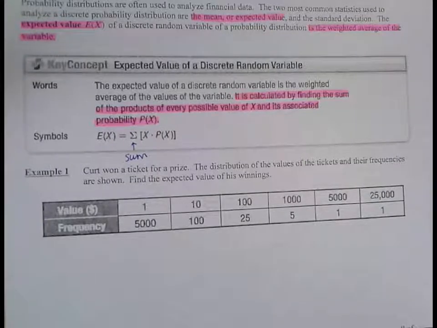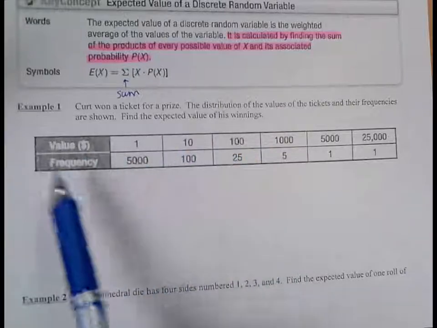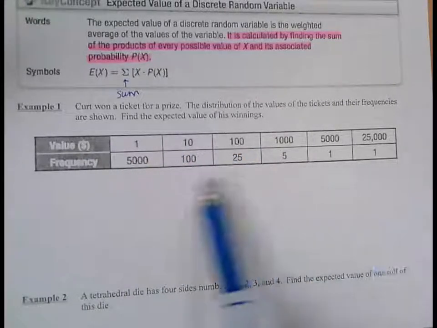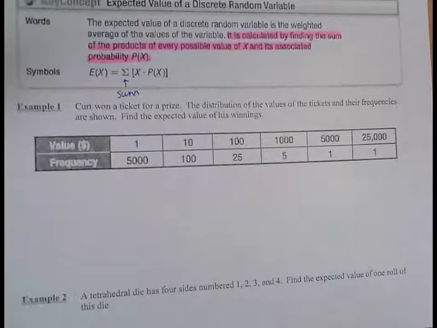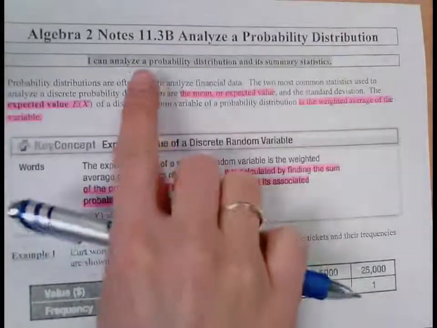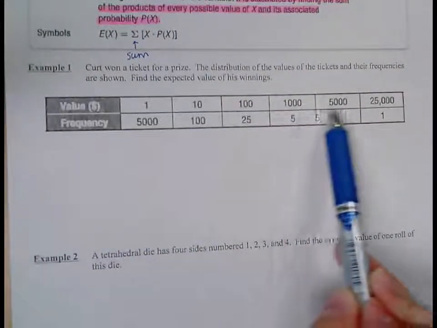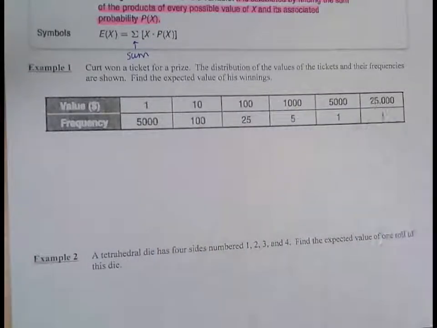So if you look at example 1, this type of table, we're actually missing the probability row from this table, but this is the type of table that we set up in 11.3a, where you had to come up with the sample space. In this case, it's talking about values of winnings for a ticket.